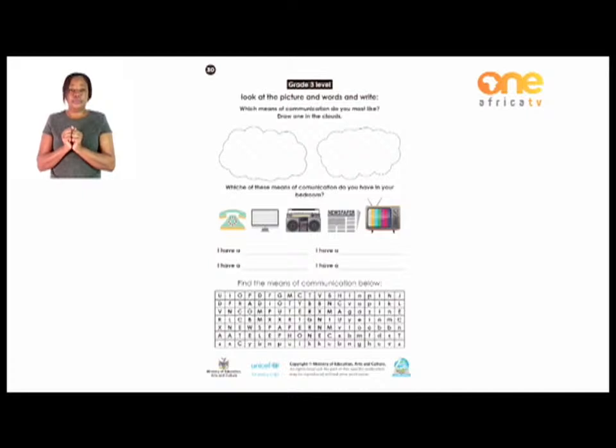I have already seen one in front of me here. Are you together with me? If you are following with me, there is one which is just visible to my eyes. I have seen radio already. Just circle it and find for me also a telephone, a computer, radio, newspaper. You can find them here. They are all inside there, or a TV.